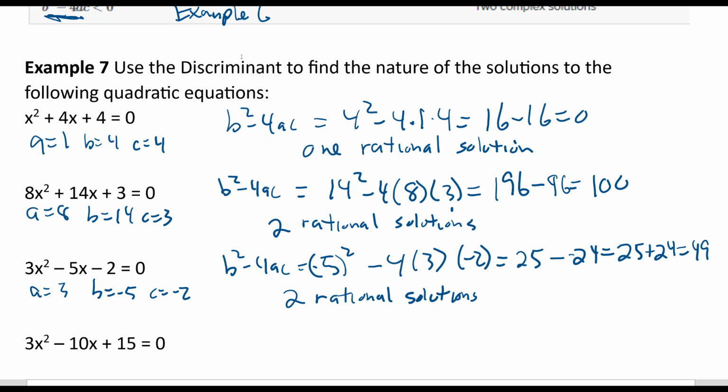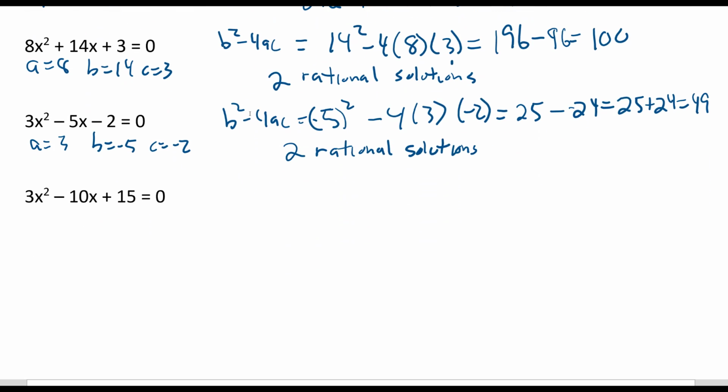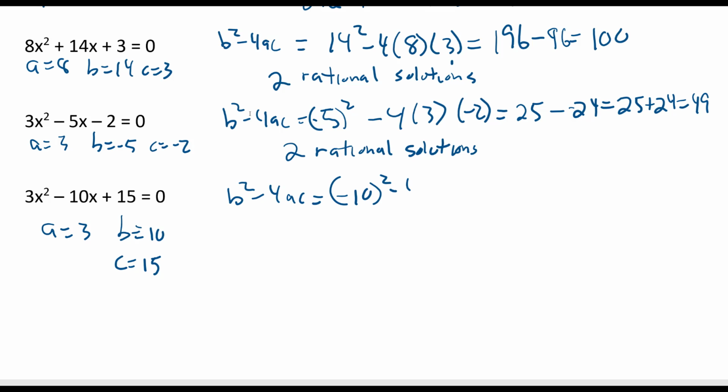In our last case, let's see what that's going to be. We have a is 3, b is negative 10, and c is 15. So we're looking at b squared minus 4ac. We're looking at negative 10 squared minus 4 times 3 times 15.